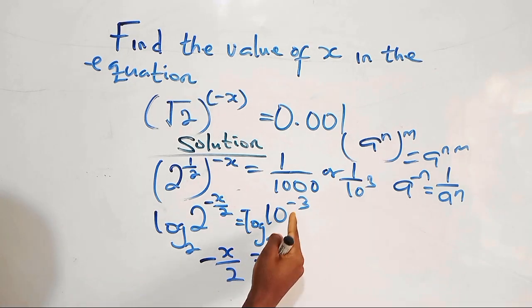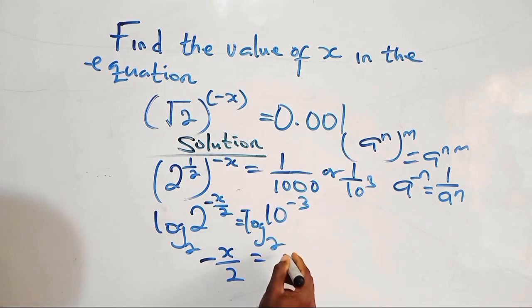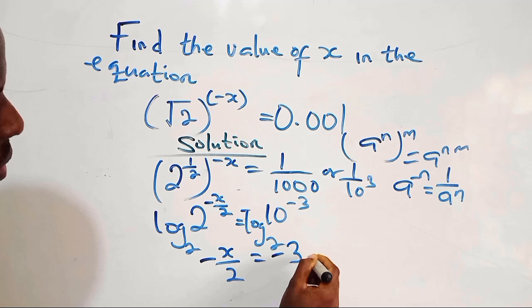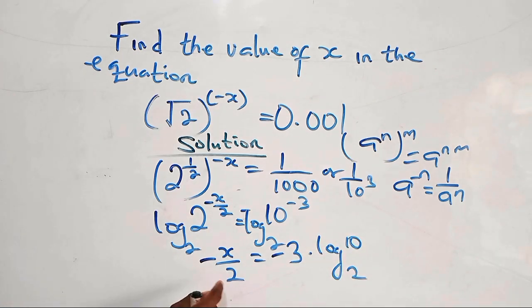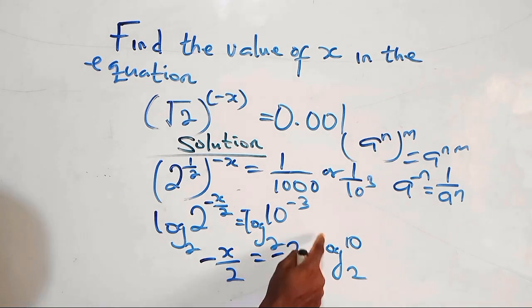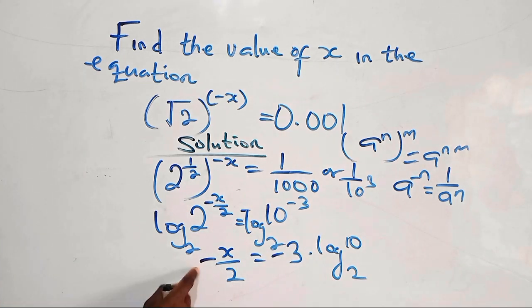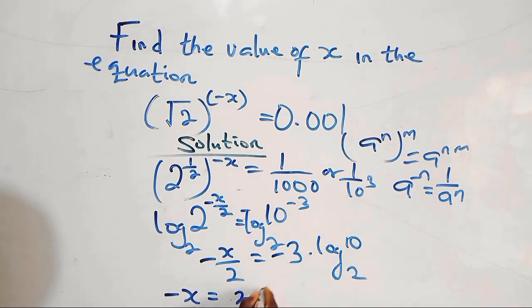Here, when this comes down, you say minus 3 times log 10 base 2. Since we are looking for x, we can cross multiply. So we say minus x equals 2 times minus 3 log 10 base 2.